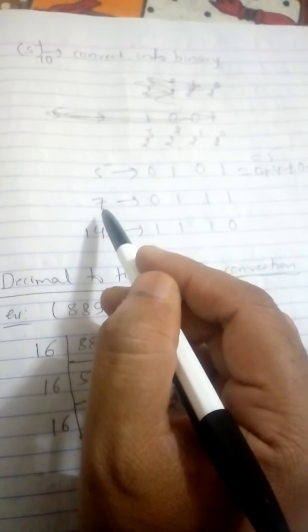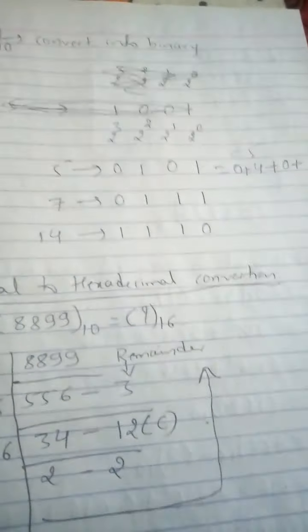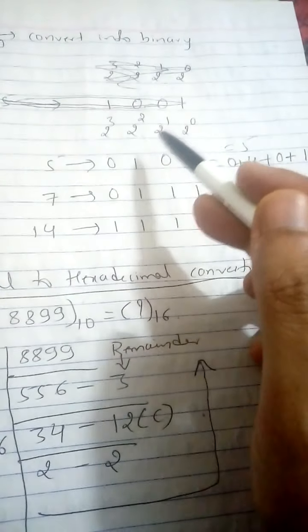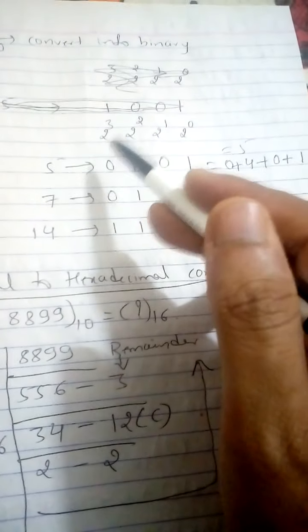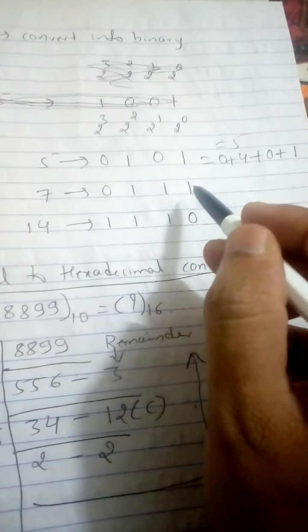I have taken one more example, say 7. 7 is a decimal number. Again, I need to calculate the binary equivalent of this 7. So again, I take the binary weights: 2 raised to 0, 2 raised to 1, 2 square, then 2 cube. In these 4 places, I need to write either 0 or 1.